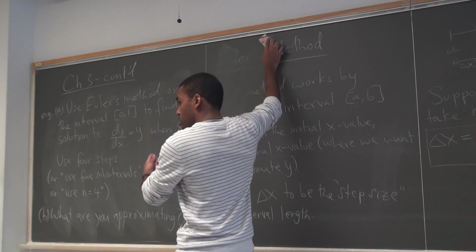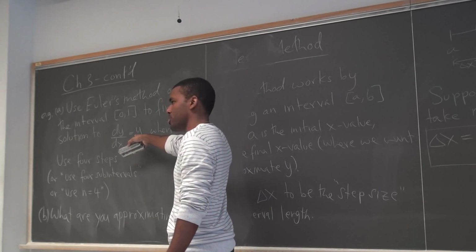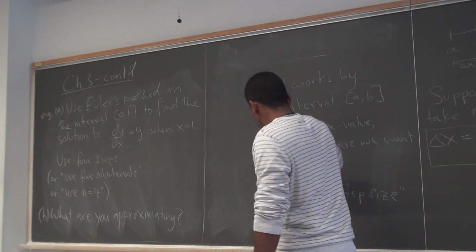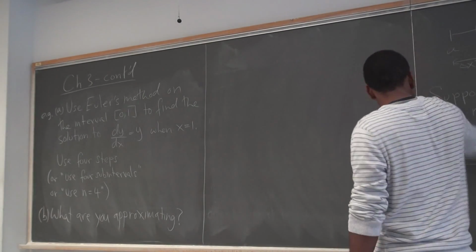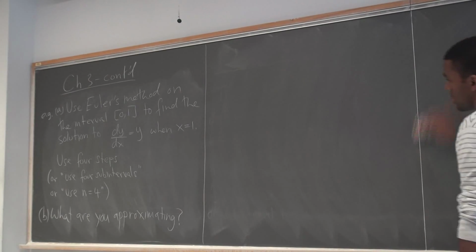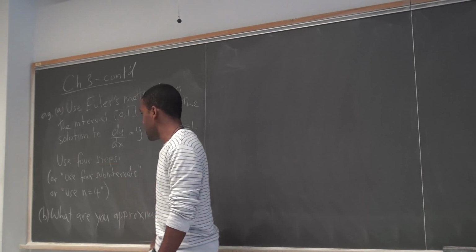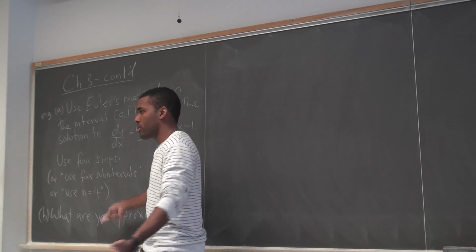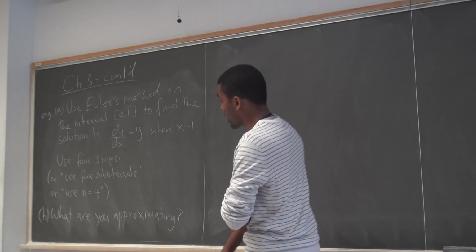And the problems won't be much different from this. The only thing that will be different is probably the wording, and the function would be a lot messier than this one. But since we're learning it, let's start out easier. Also, I'm giving you some examples of different ways they can say it. They can say use 4 steps, use 4 subintervals, use n equals 4. These all mean the same thing. So it's basically telling you how to find your delta x.